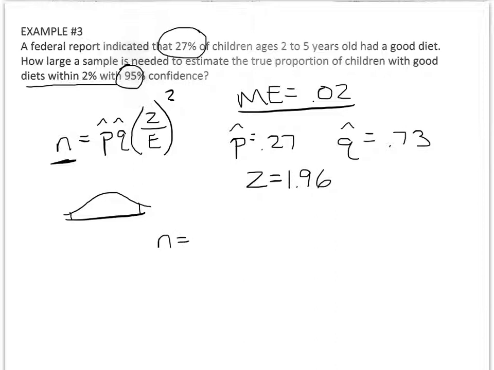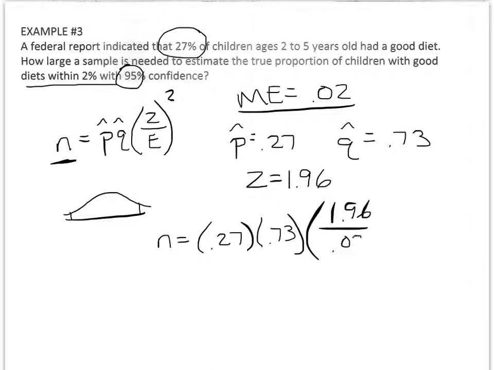When I put that information in, it gives me an n value of 1,892.95. Remember, no matter what, you always round up.